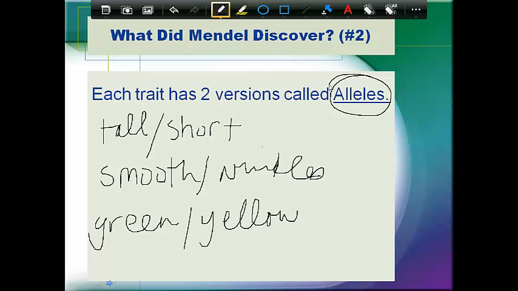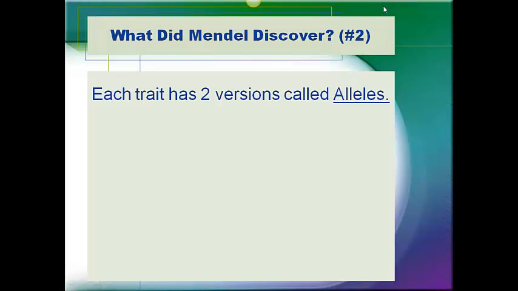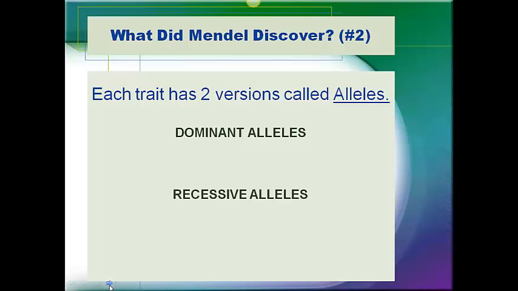The alleles are the versions of the trait. Then he took it a step further, and he said in each case, one of these traits has to be dominant, and one of these traits has to be what he called recessive. So let's talk about what he meant by that.